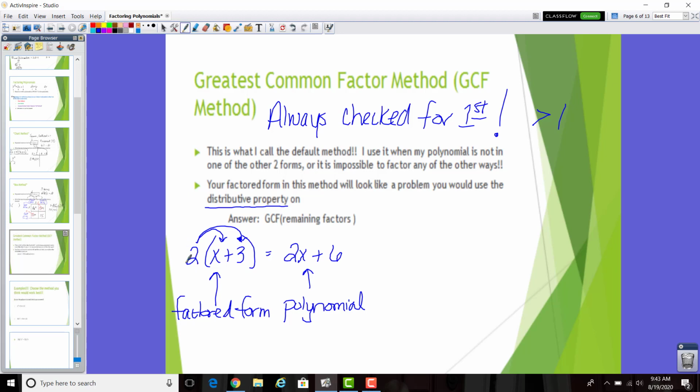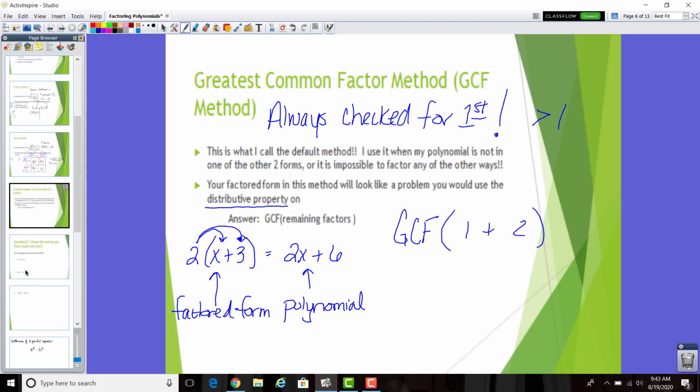We took it out in front, and then the factors remaining from each of my terms go in their normal position, first position, second position. So my answer for a greatest common factor problem would be the GCF on the outside, and the factors from each term left on the inside. Your answer should look like something you can distribute.